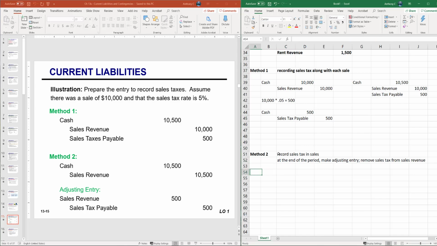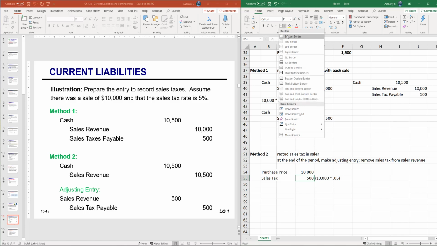To see how this works, again, we're making a sale of 10,000. Sales tax rate is 1.05. So in total from the sale, as we saw above, we're getting the purchase price of $10,000, and we're also getting the sales tax of $500, which is just the 10,000 times the 5%.